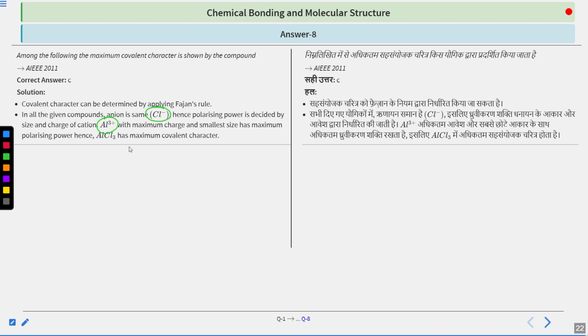But the factor that dominates is the charge. So remember, first look at the charge, and since aluminum has the greatest charge among all, it will have the highest polarizing power. Therefore, your correct answer will be AlCl3, that is C.